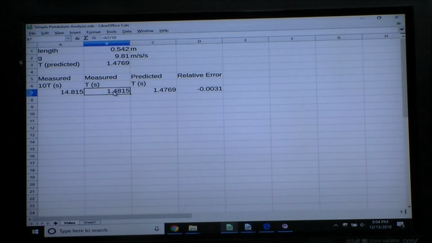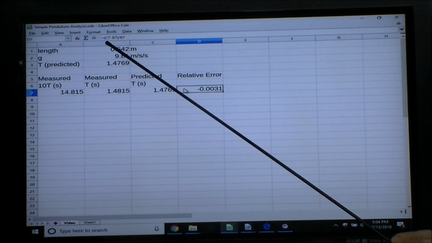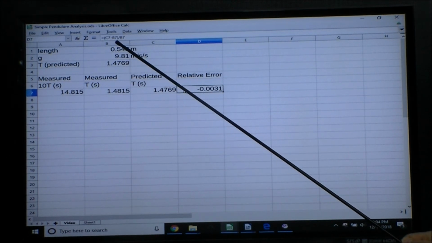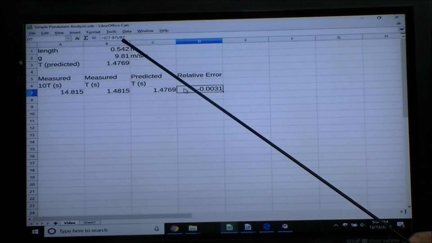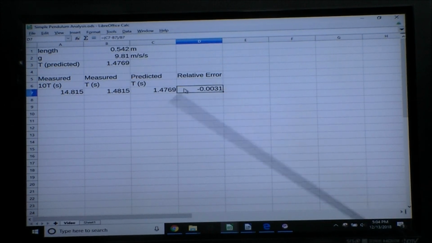So here we've got the measured period of the pendulum and the predicted period of the pendulum, and you can see that they're very close. And then you can compute the relative error, and the formula that we use for the relative error is the predicted value minus the actual value, then divided by the actual value. So it's 0.0031.